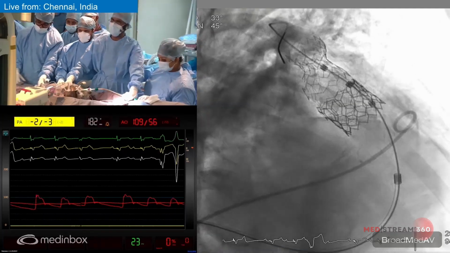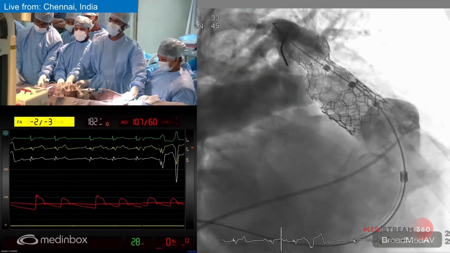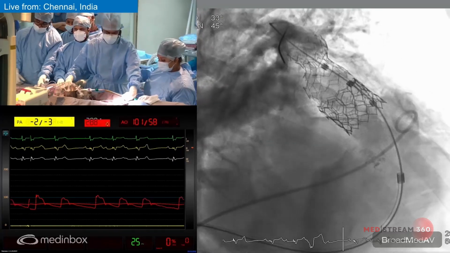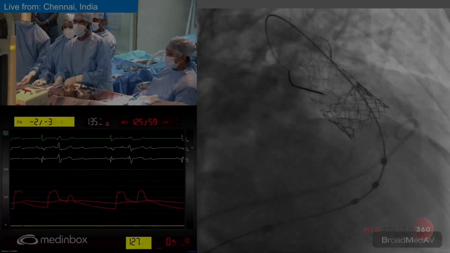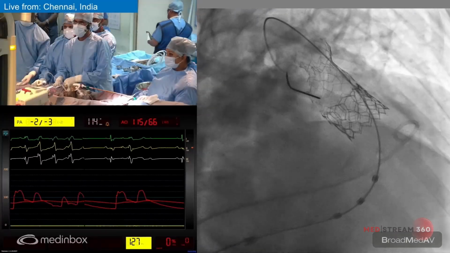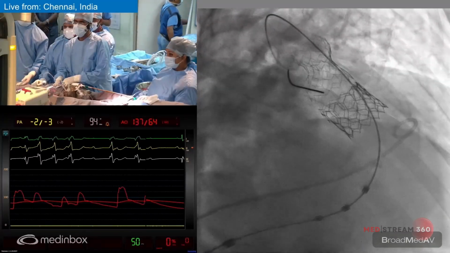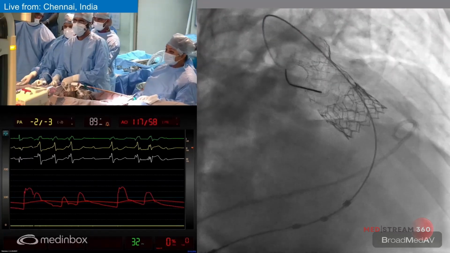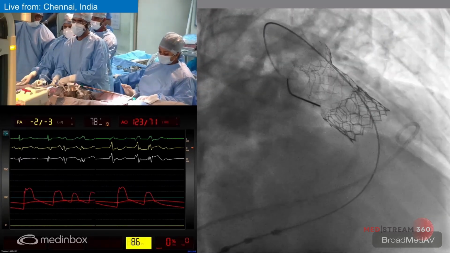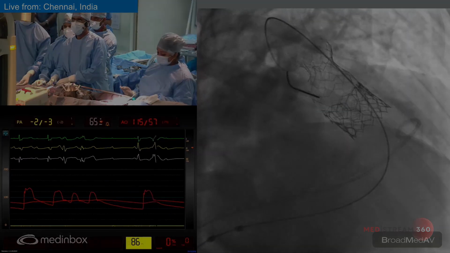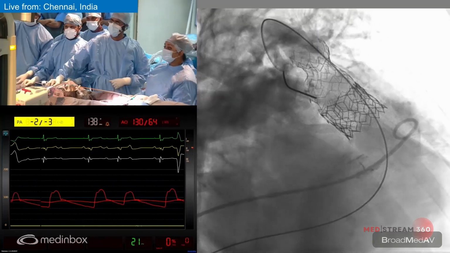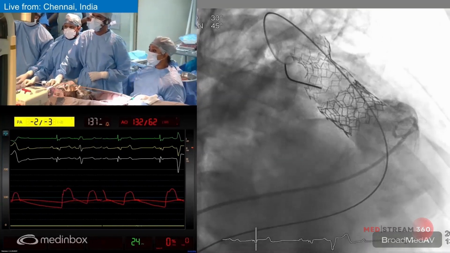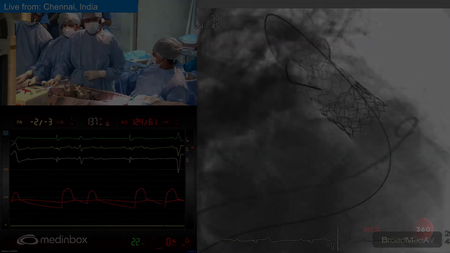So this is the right ventricular outflow tract angiogram. Now we need to carefully take out the navigator system. The balloon has come out now at this point. The blood pressures are stable.